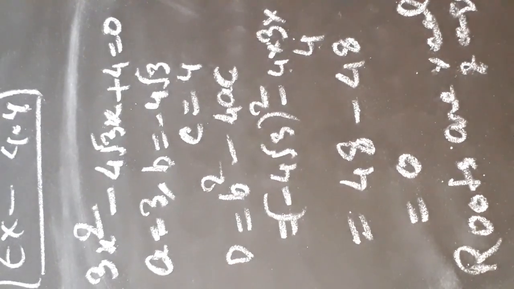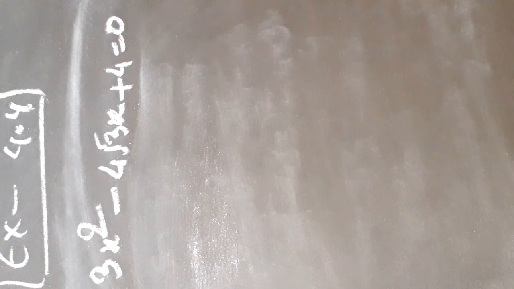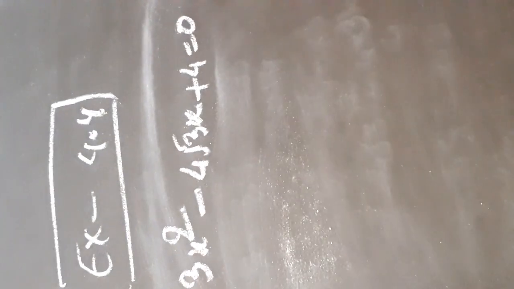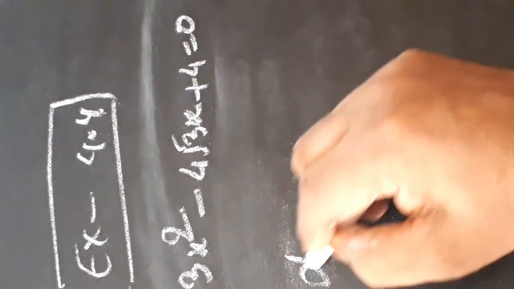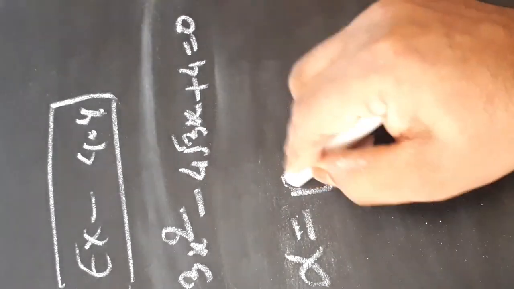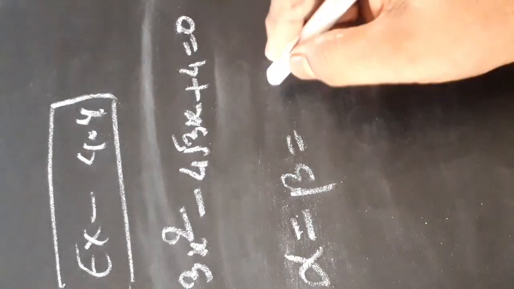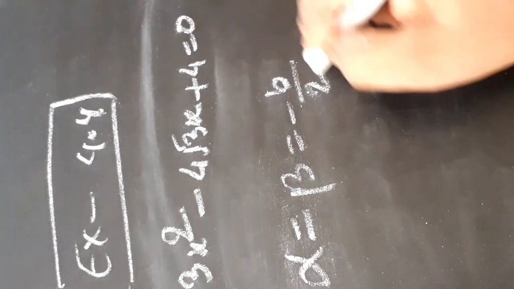Now we can find the roots of this equation. If D is 0, alpha and beta both become equal to −b upon 2a.